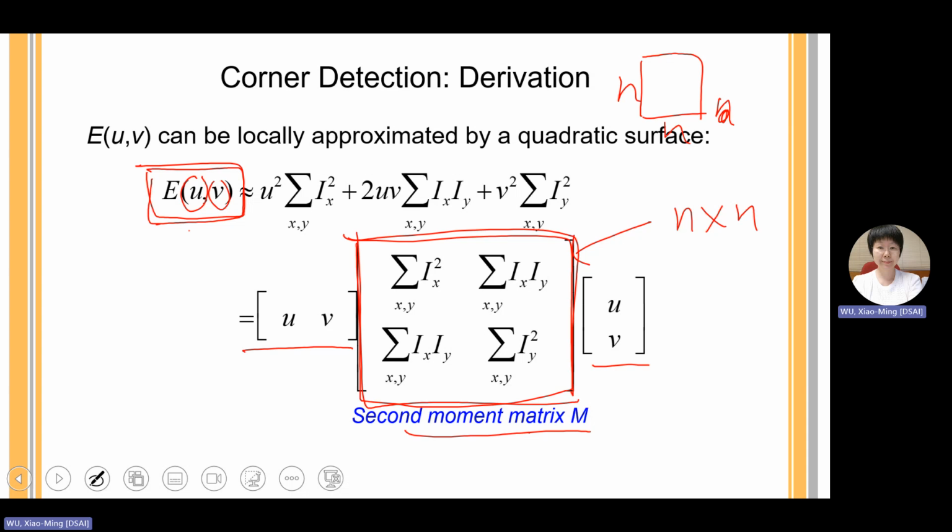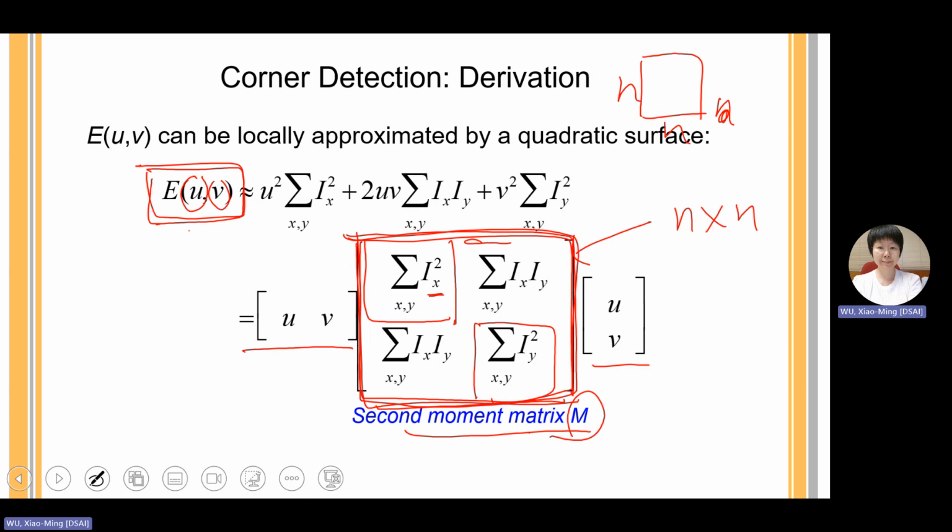Let's examine the characteristics of this second moment matrix M. First of all, this element is only related to the x derivatives, while this element is only related to the y derivatives.